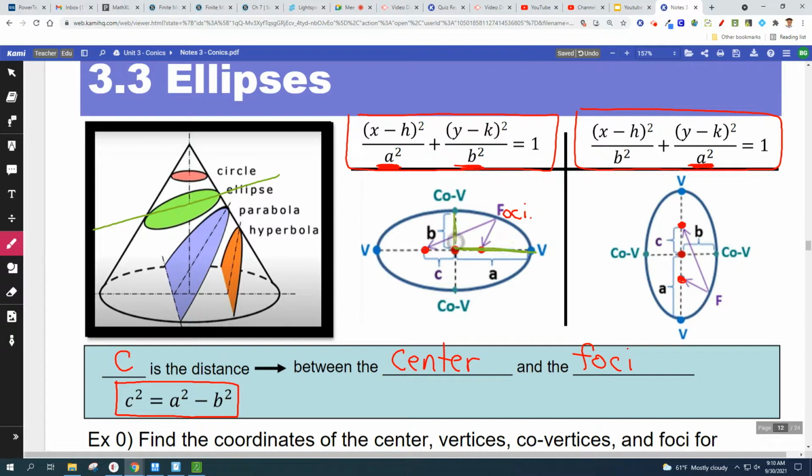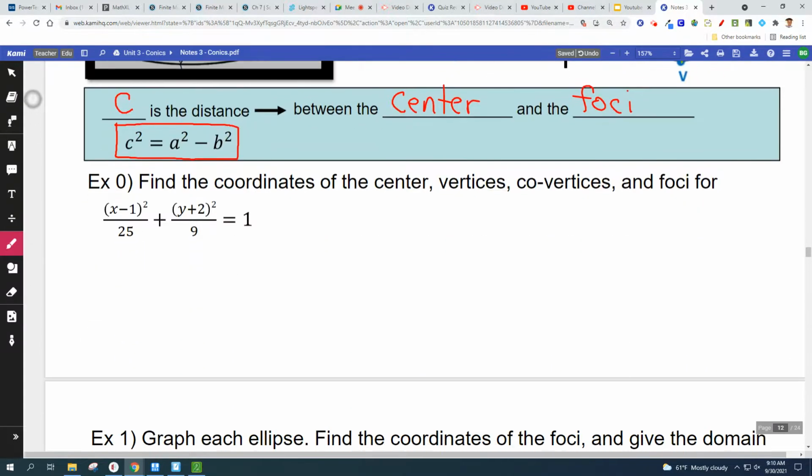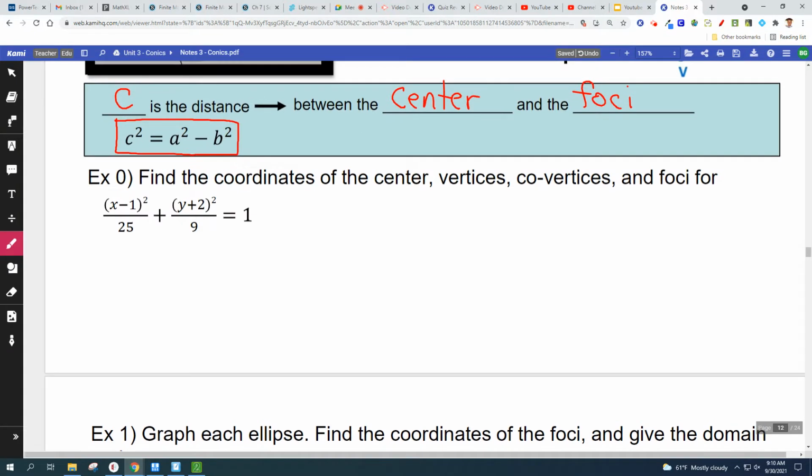B is the center to the what's called the co-vertex. So you've got to notice which one's longer. From the center to the vertex is A. From the center to the co-vertex is B. Those are little bitty details that you have to pay attention to and understand, and everything else falls into place after that.